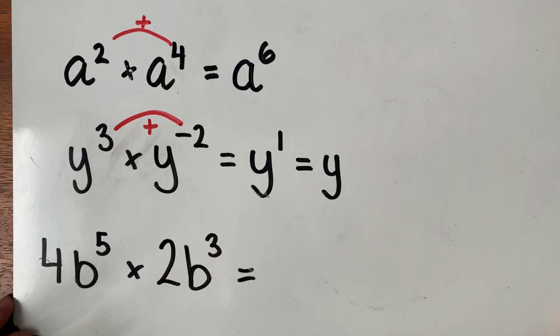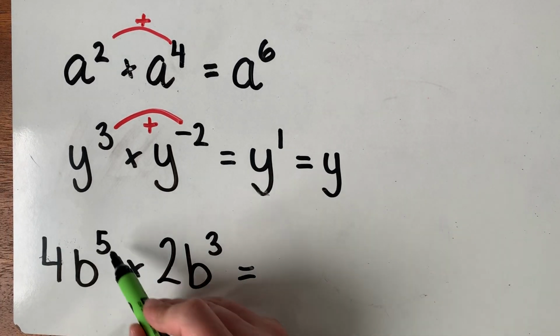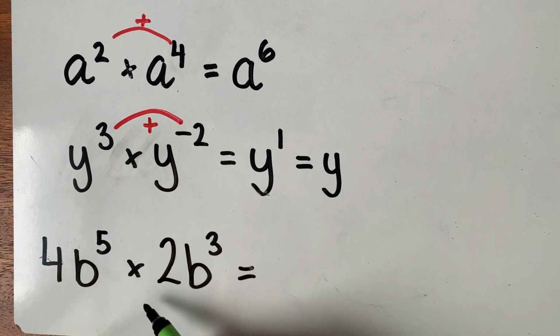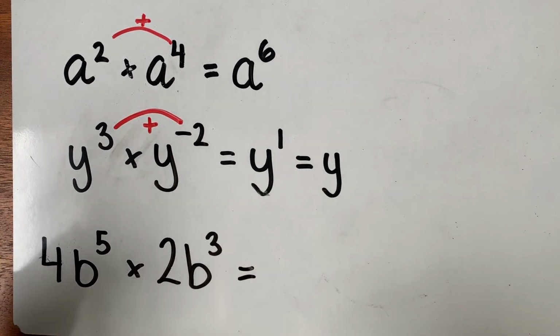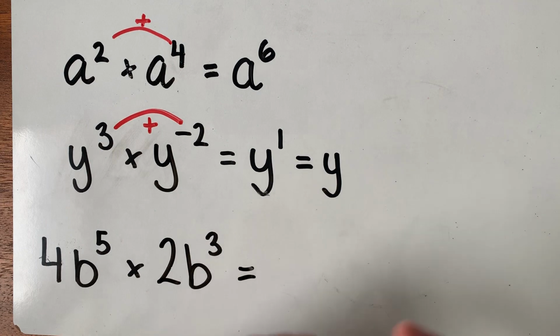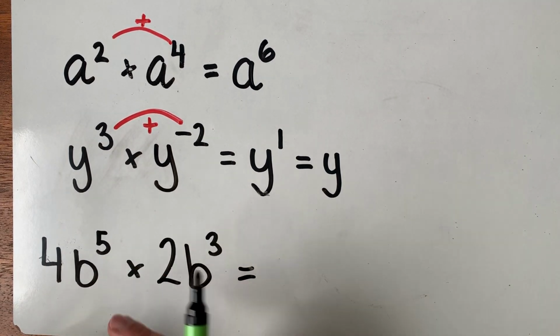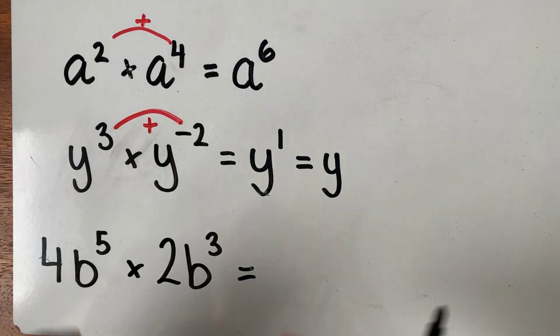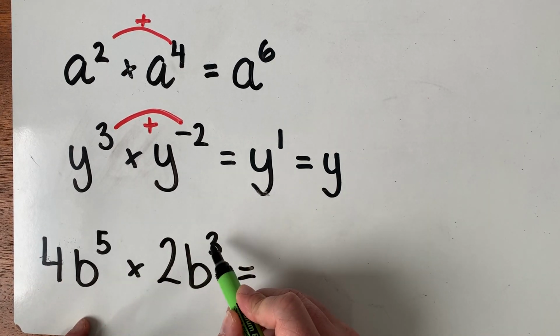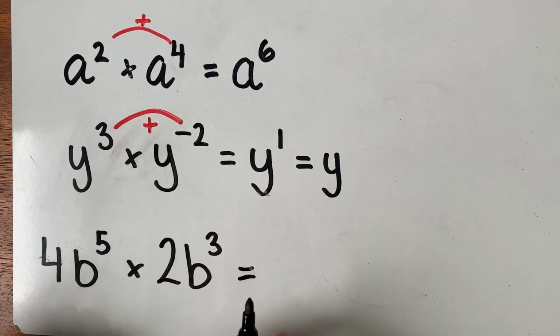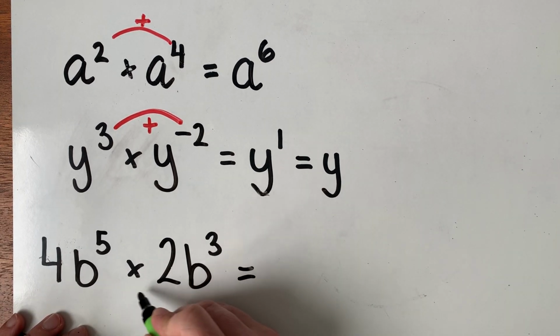Okay, on to the last example, and then you'll be able to try your little task for today. This one has not only indices, but it's got what we would call coefficients, numbers in front of the letter. And it's important to differentiate between when I use the rule of indices and when I just do what the operator, this multiplication, is telling me. This new rule that we're learning only applies to these numbers here. For these coefficients, these big numbers at the front, we do what the operator says.